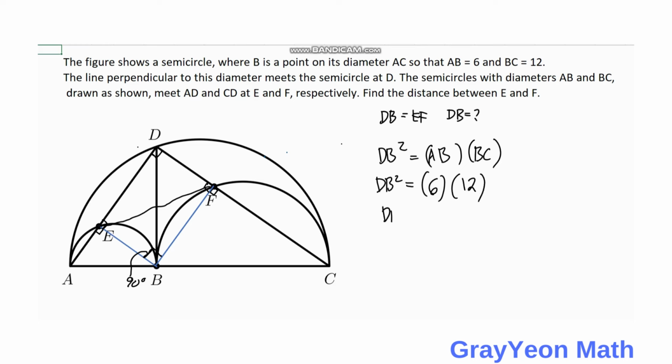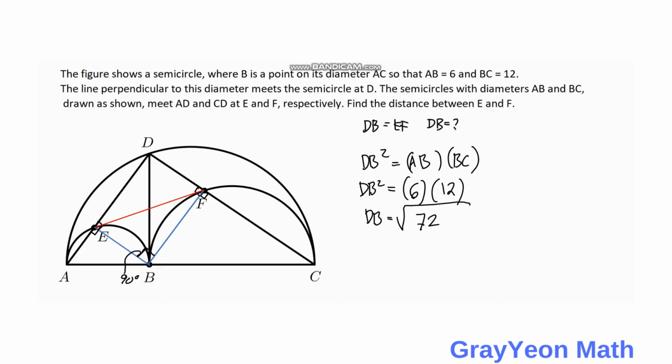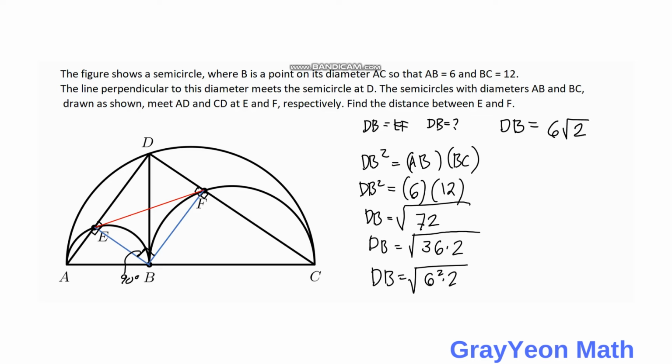So DB is equal to the square root of 72. DB can be written as the square root of 36 times 2, and 36 is equal to 6 squared, so DB is equal to 6 square root of 2.